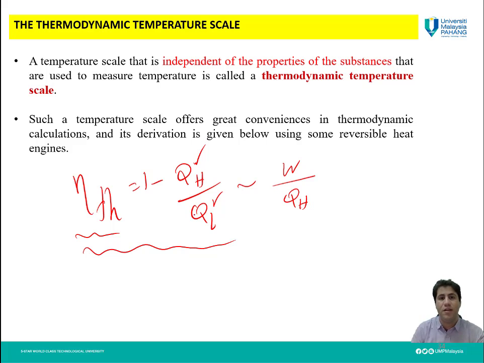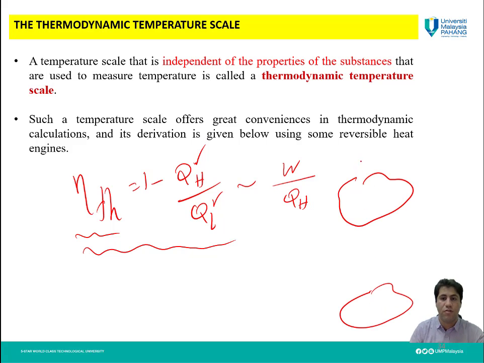has a relationship with the temperature of those two reservoirs. QH and QL may be dependent on the temperature of the reservoirs. If you remember, we had two reservoirs.